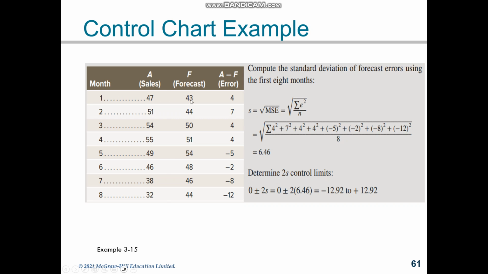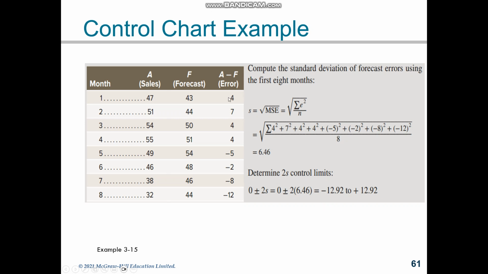So we first need to calculate MSE, and the square root of MSE will be equal to S. After using this formula, the value of S will be equal to 6.46. And using this value for S, we can calculate the upper limit and lower limit. In this example, lower limit is minus 12.92 and upper limit is 12.92.